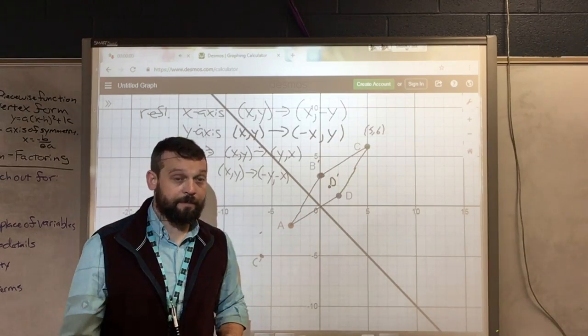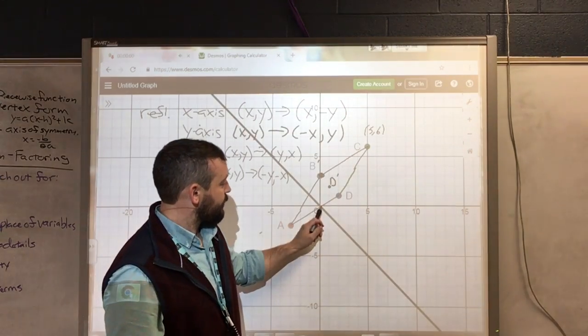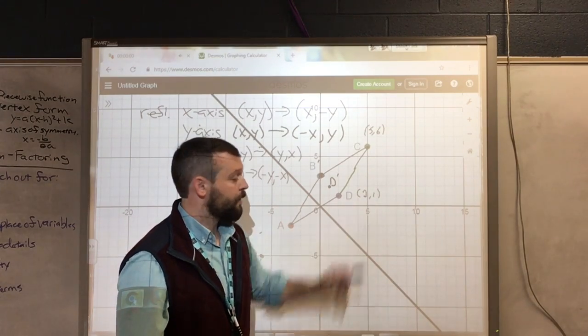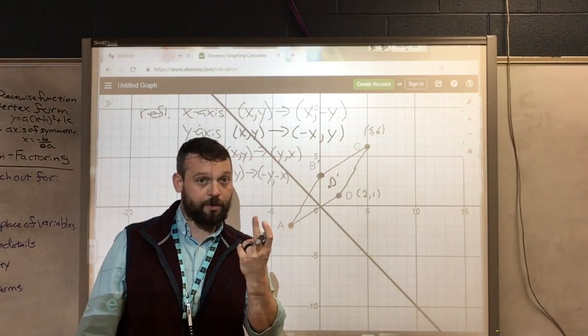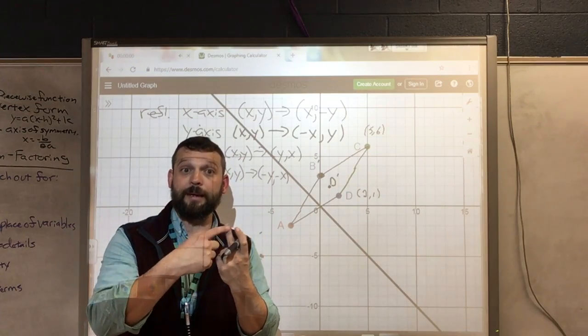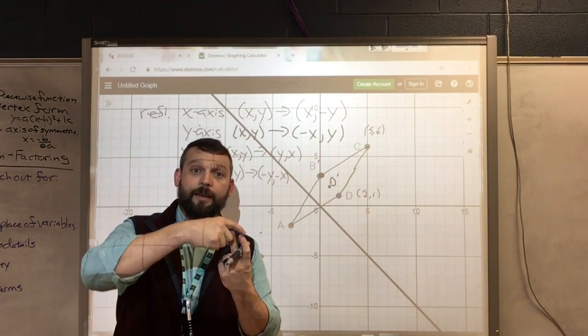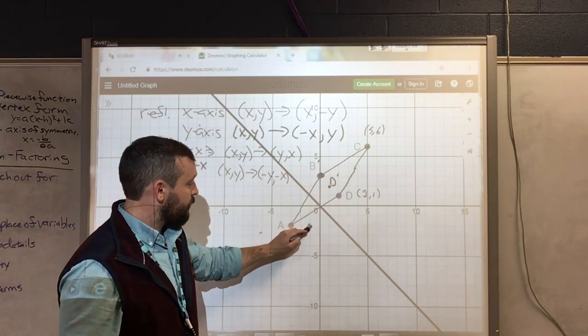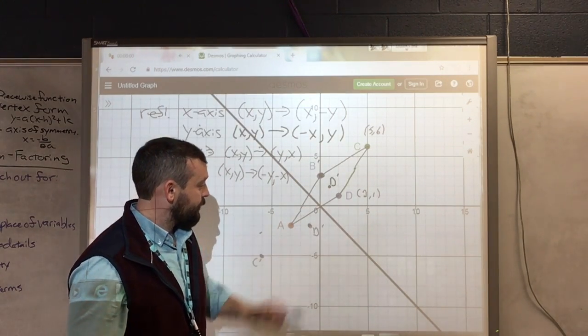There's my C prime. My D was 2, 1. So I'm going to flip them. So it's going to be 1, 2, but now I've got to multiply those by negative. So it's going to be negative 1, negative 2. So that's going to be my D prime.